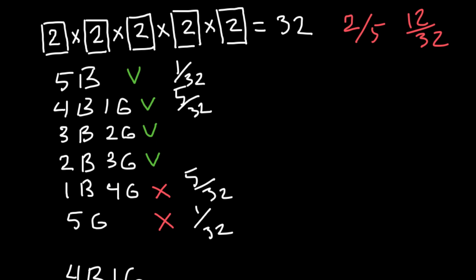And the rest would be 32 over 32, so we have to deduct from 32 over 32 this number, and this would give us 20 over 32. And once again, we have to divide that number by 2, because these genotypes are represented with the same frequency. So we are going to get 10 over 32 here and 10 over 32 here.